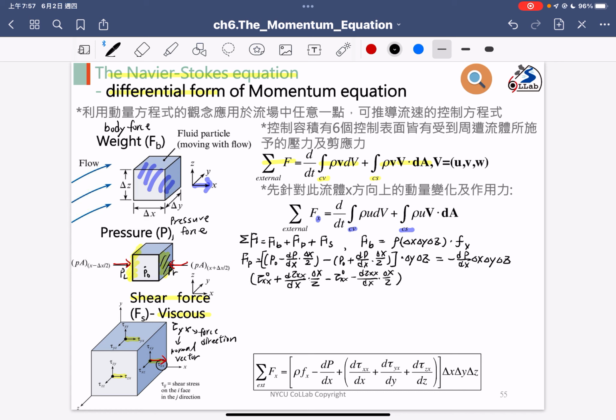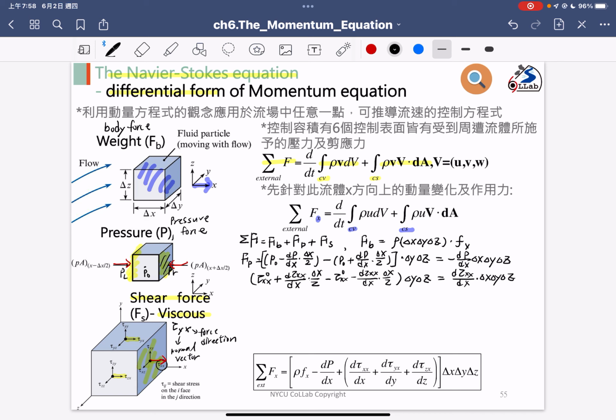This is the shear stress, and we also need to multiply by the cross-section area, which is delta y and then multiply delta z. So this is related to d tau x x dx, and then multiply delta x, delta y, and delta z.